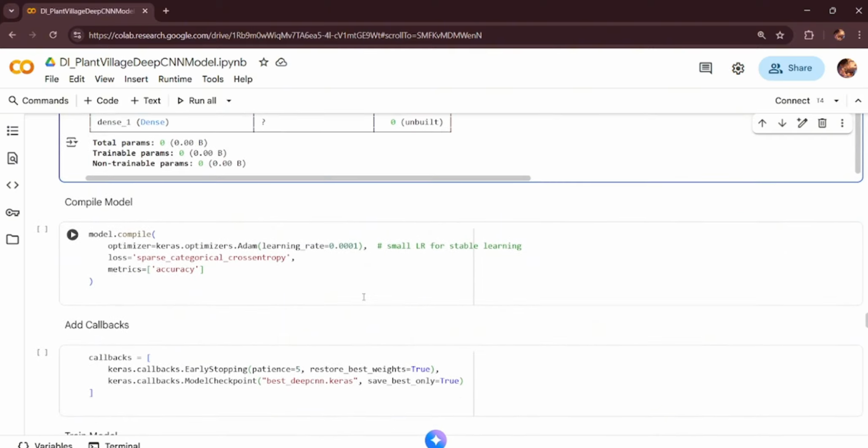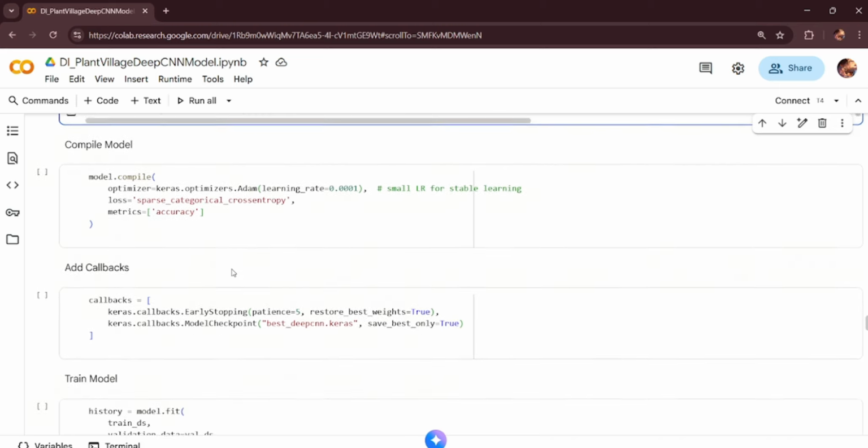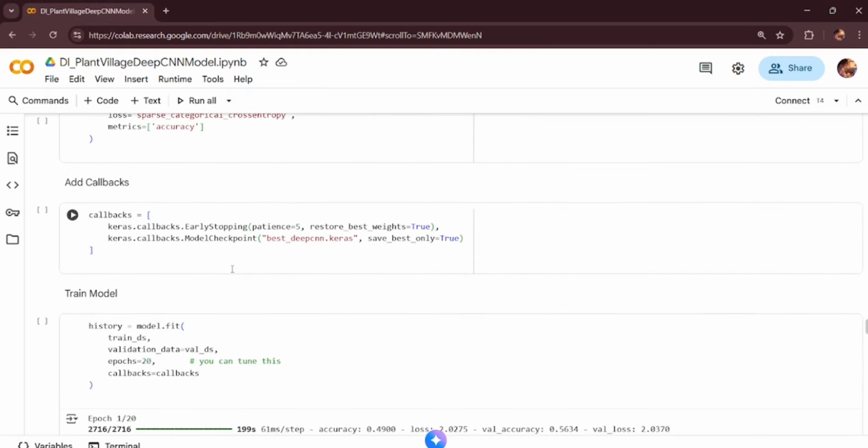The model was compiled using the Adam optimizer with a learning rate of 0.001, and sparse categorical cross entropy as the loss function. Accuracy was used as the main performance metric. To make training more efficient, I used two callback functions, early stopping and model checkpoint.